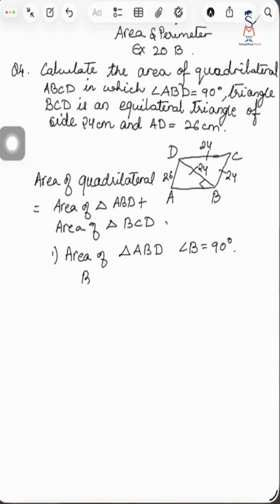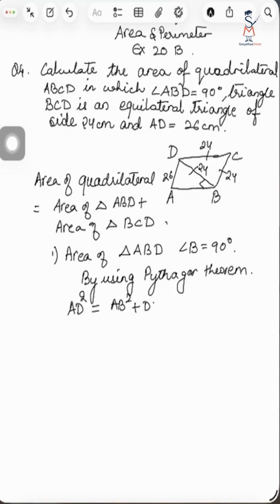So by using Pythagoras theorem, we will find AB, right? So AD will become the hypotenuse and AB is the base and DB is the perpendicular, you can say. So AD is 26 centimeter. So AD square will become AB square plus DB, 24 square.